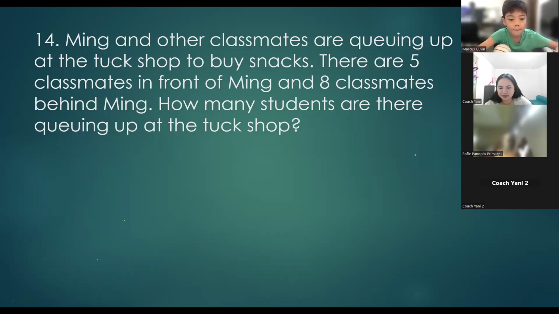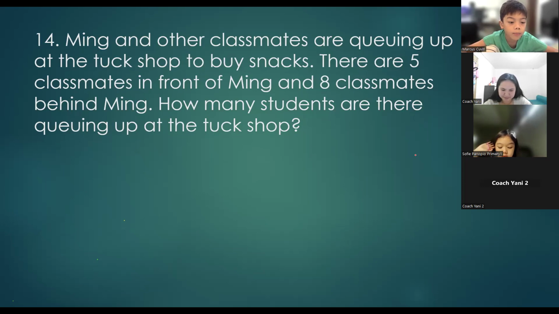You read the question, Marcus. Ming and other classmates are queuing up at the tuck shop to buy snacks. There are 5 classmates in front of Ming and 8 classmates behind Ming. How many students are there queuing up at the tuck shop?